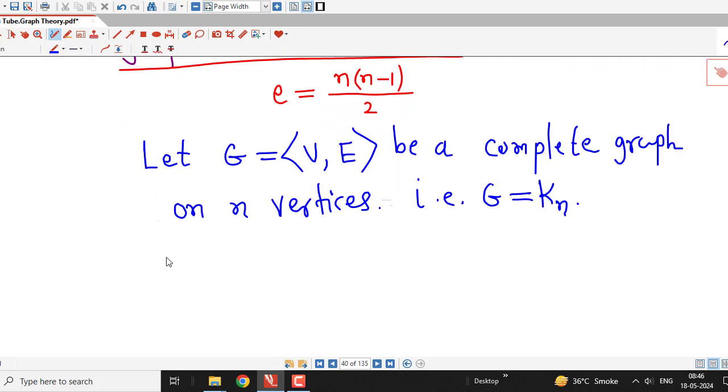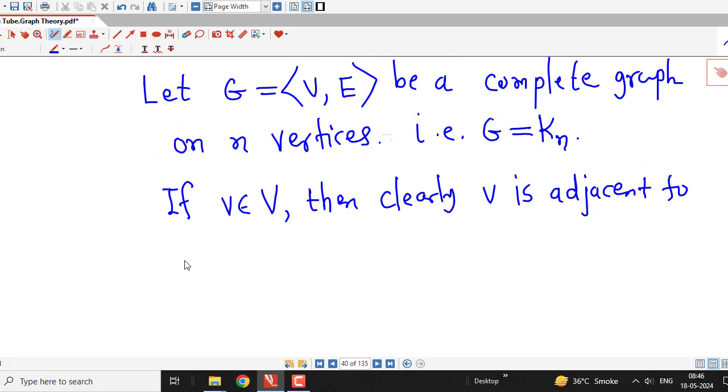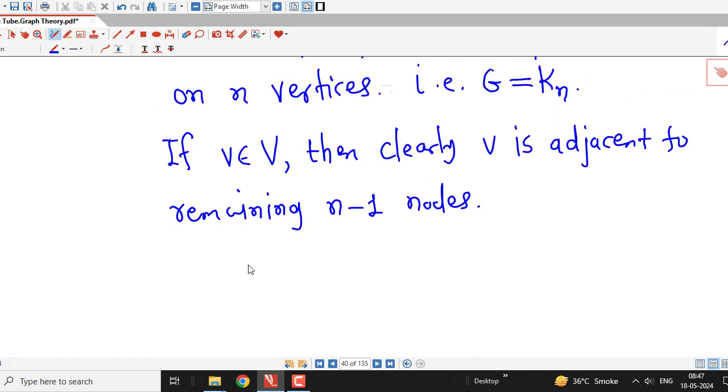Now if V is any vertex in a complete graph, then clearly V is adjacent to the remaining n minus 1 vertices, and therefore there are n minus 1 edges meeting or ending at V. That means the degree of V is n minus 1.